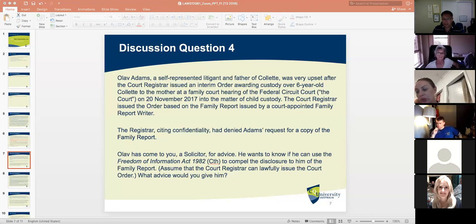It goes back to the substantive functions of the court to try to determine what the proper parenting order might be. And in that particular case, it is in the exercise of the powers of a judge to determine what documents should be held in confidence and what shouldn't be held in confidence.